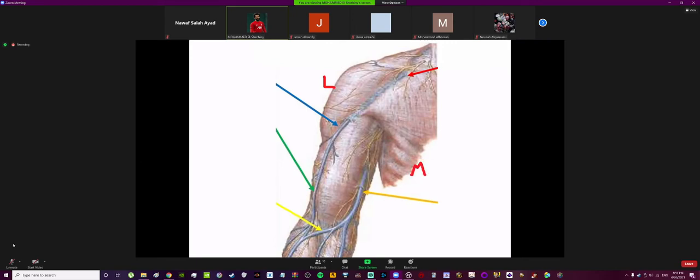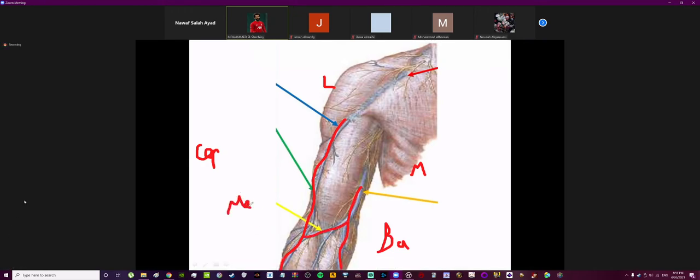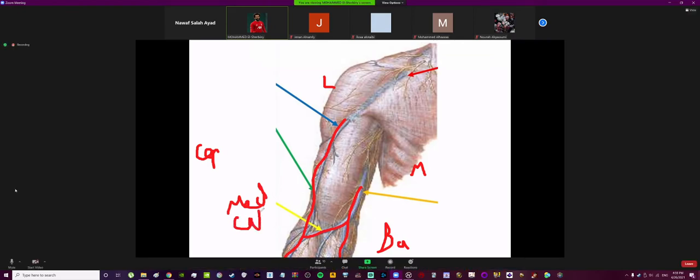So any vein laterally will be the cephalic vein. Any vein medially will be the basilic vein. And the vein connecting in between at the cubital fossa will be the median cubital vein. Yes, excellent.